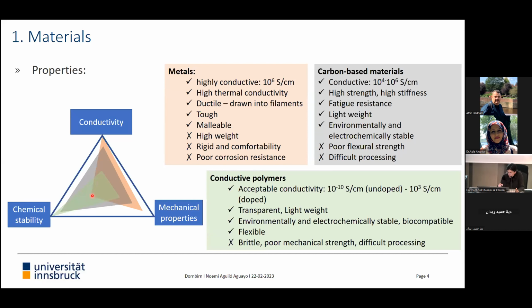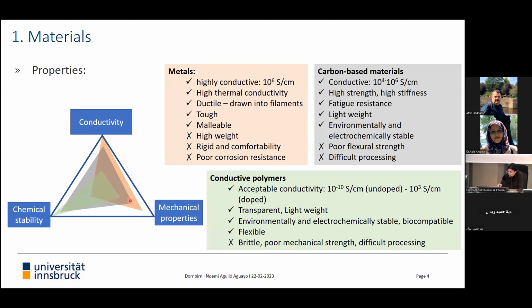Carbon-based materials are very interesting because they have high conductivity, not so high as the metals, but pretty high. Carbon fibers have very nice mechanical properties. They have a very high strength and high stiffness, and they also have a very high fatigue resistance. They're also lightweight.